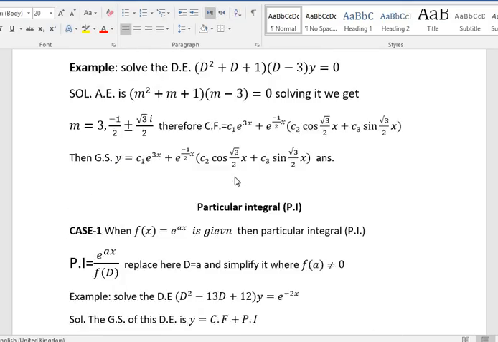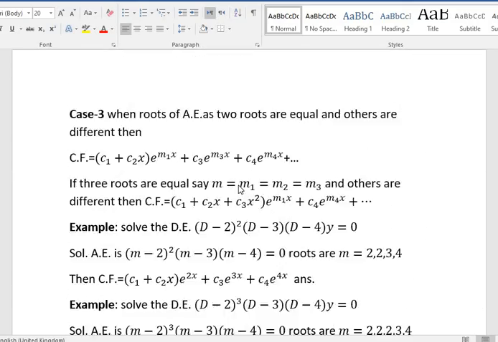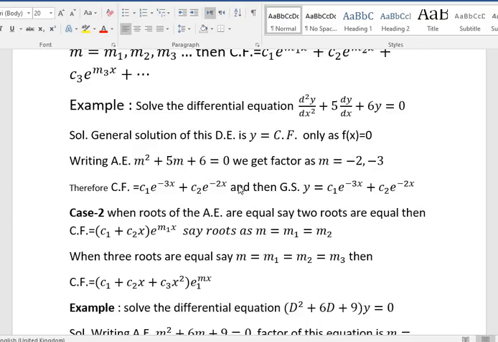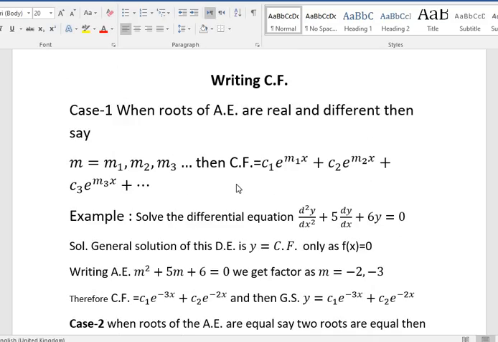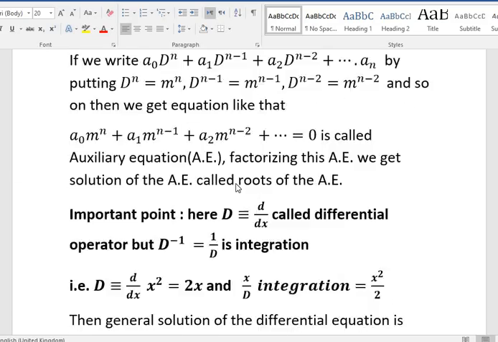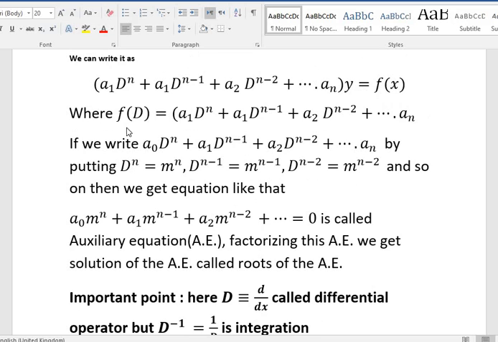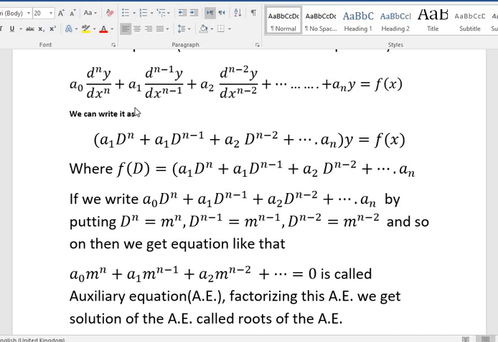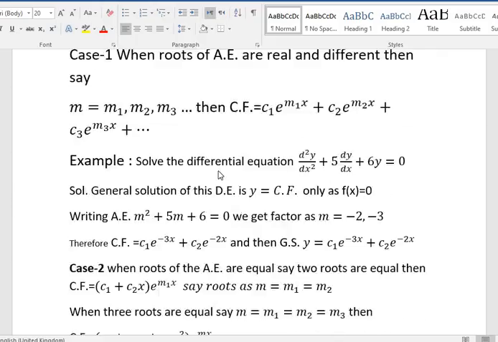As I explained, f(D) is the function when you have to replace the nth derivative terms in D operator form. That means a naught Dn plus a1, like that one. So that one is called f(D).